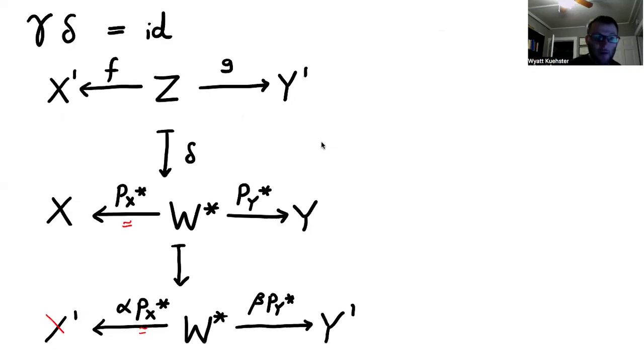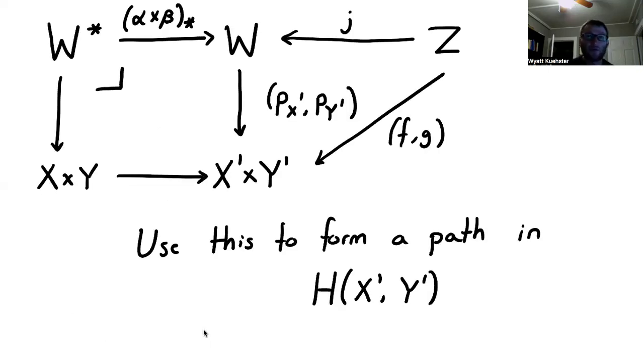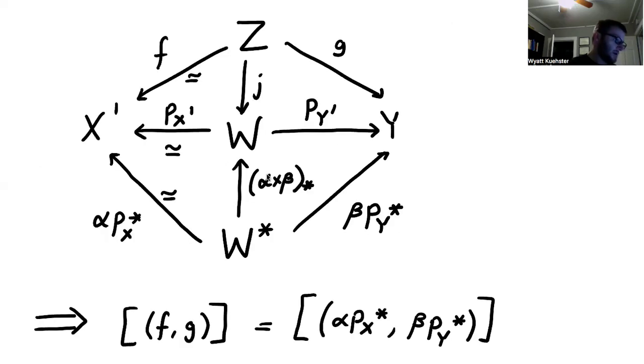Let's see, what do I want to map from? I want a map from z to w star, or maybe a map from w star to z, or at least a couple of paths connecting them. So this gives me a map from z to x prime cross y prime, and a map from z to w. But my map from z to x prime y prime was my original f g.